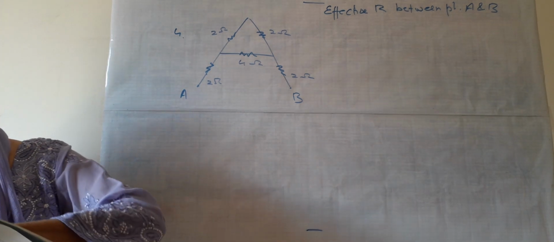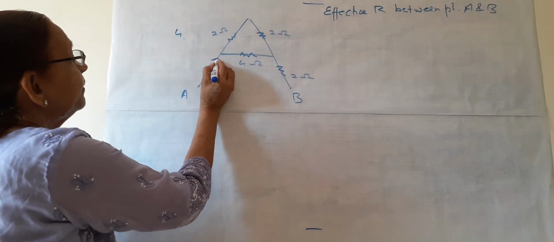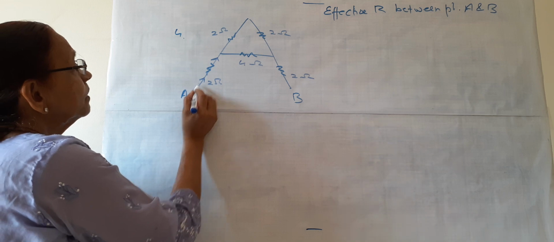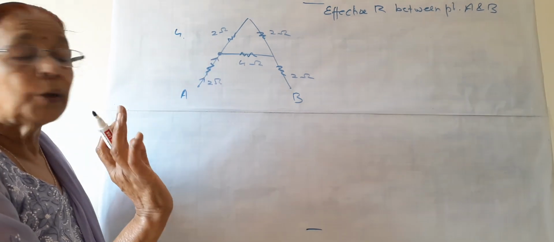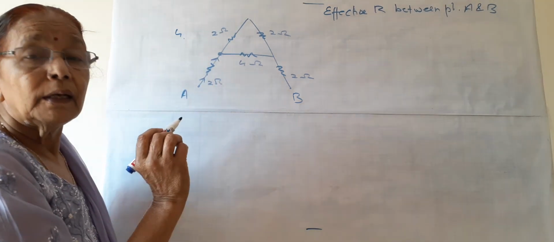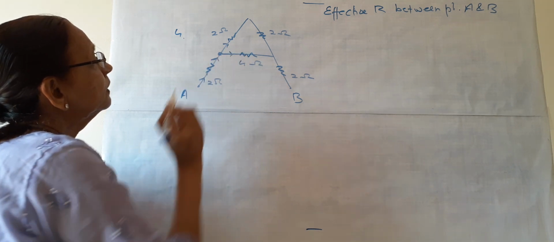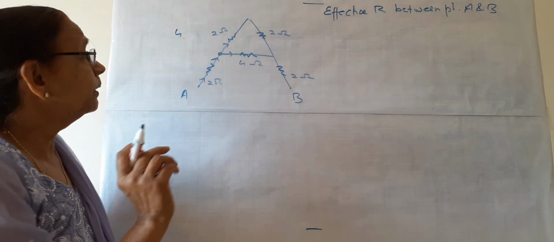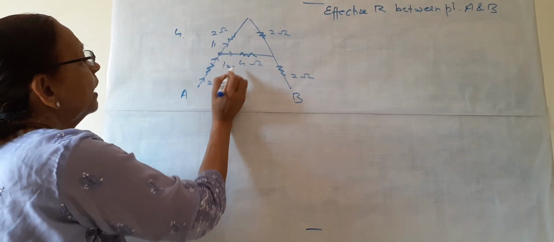Now look at this. Current I is entering from here. So up to here it is going alone, no other path. But when this junction is reached, some of the current goes here, other current goes here. Now suppose this is I1, this is I2.